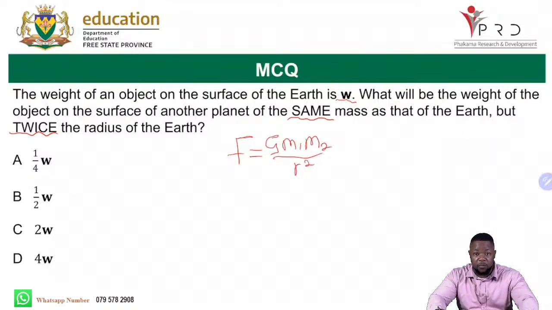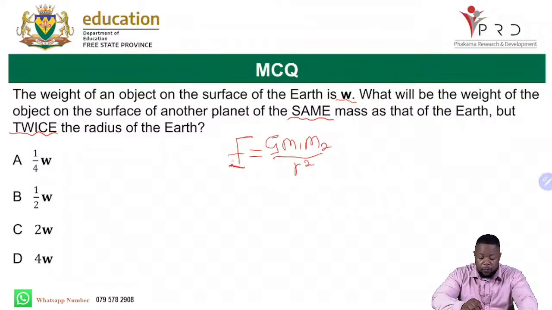This is the formula that comes from Newton's law of universal gravitation. In this question, we are told that this force will be represented by W. Therefore, we can write this formula as W is equal to G M1 M2 over R squared.